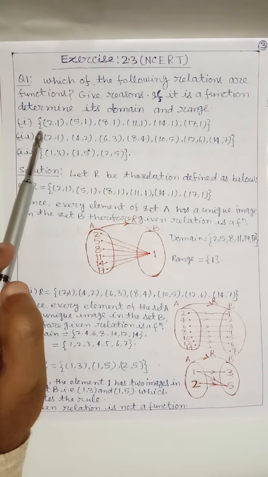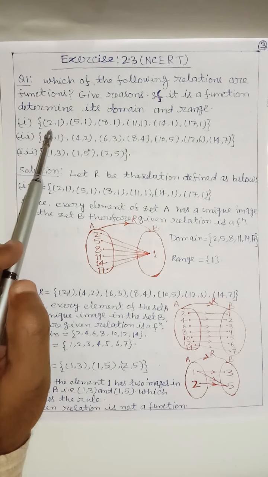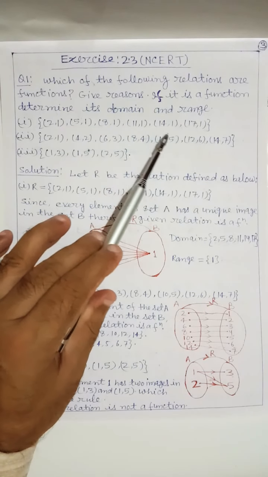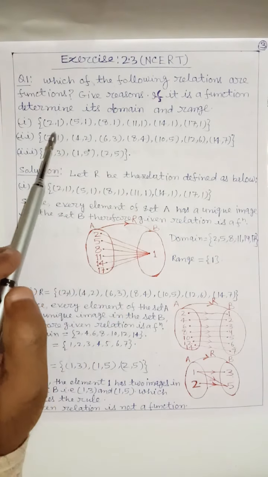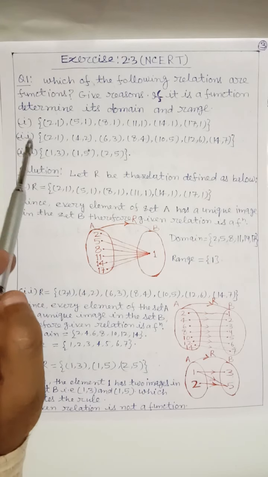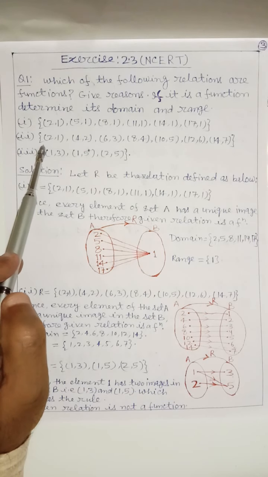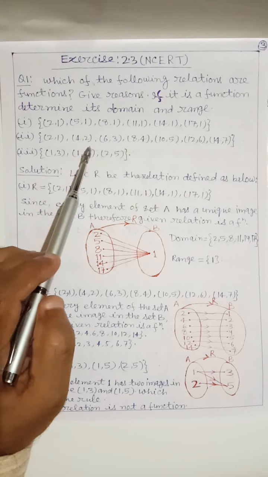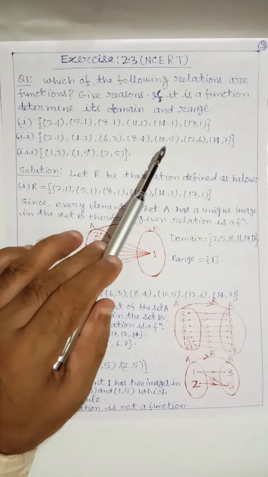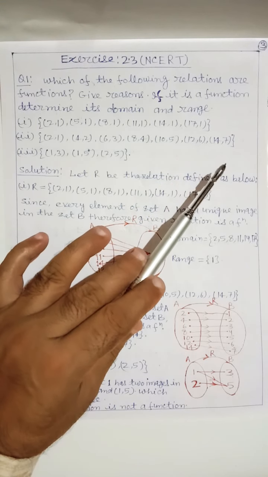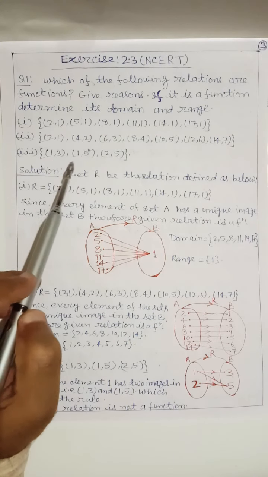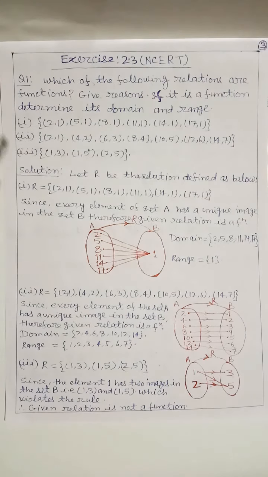First, R equal to {(2,1), (5,1), (8,1), (11,1), (14,1), (17,1)} in ordered pair form. Second, R equal to {(2,1), (4,2), (6,3), (8,4), (10,5), (12,6), (14,7)}. Third, R equal to {(1,3), (1,5), (2,5)}.